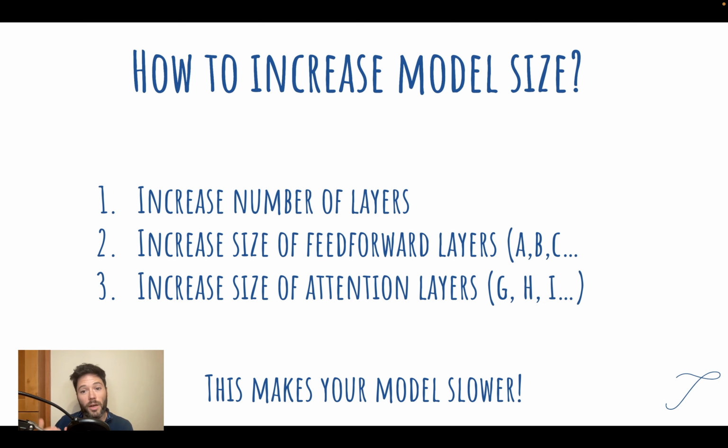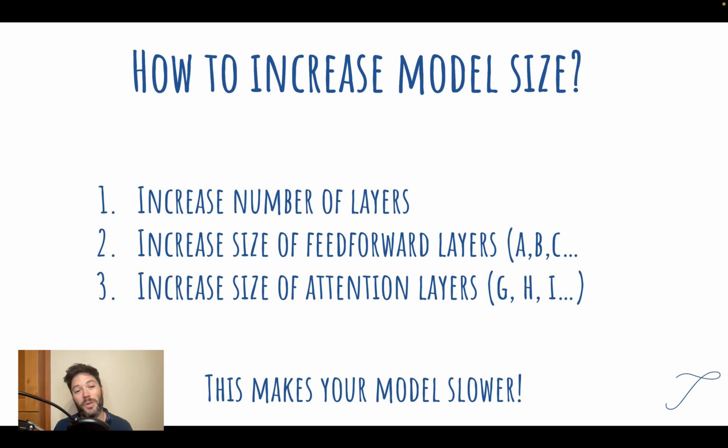Of course, when you make your model larger and larger, it's able to better fit the data that you're going to use to train it, but it's also going to make the model slower, because you have more calculations, more parameters that need to be multiplied in order to get from input all the way through your output.